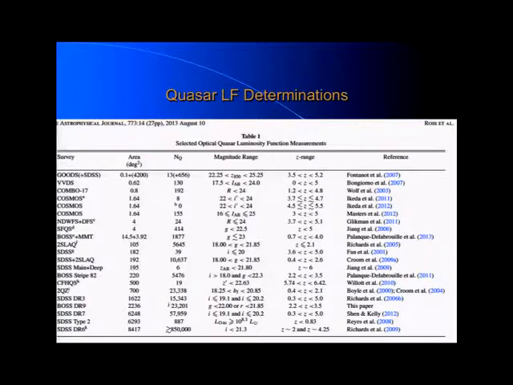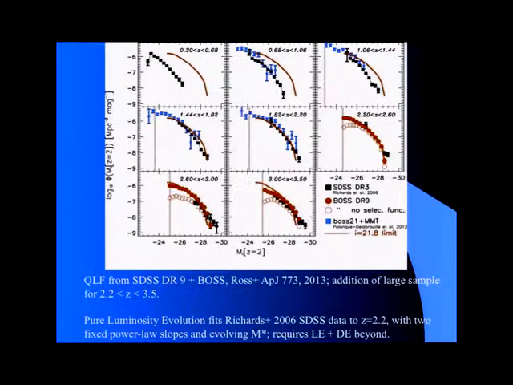So what is the state of play? Well, here is Ross et al., which is based on the Sloan Digital Sky Survey Data Release 9, and the addition of a very large sample from the BOSS, the Baryon Oscillation multi-fiber runs, for which quasars were specifically targeted. And you can see, it intrigues me that in the upper left, those are the statistical error bars.